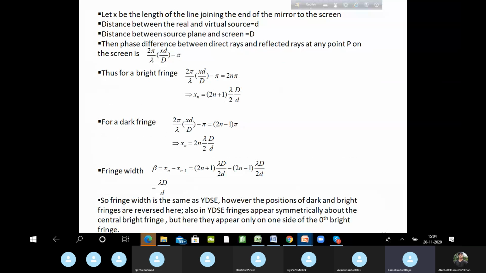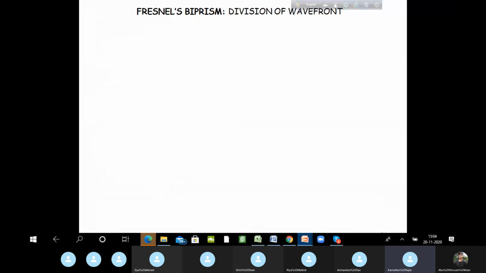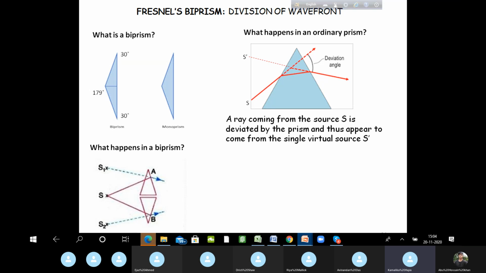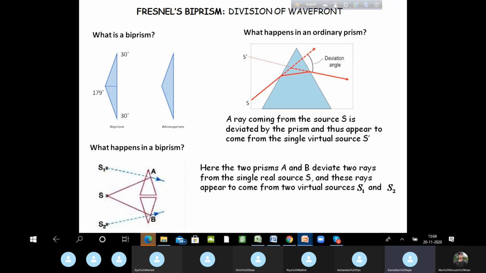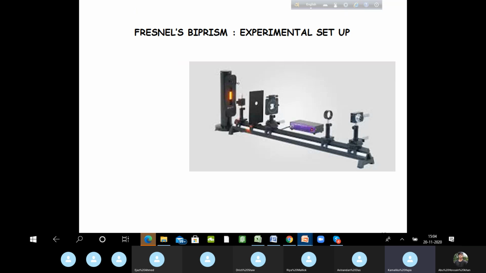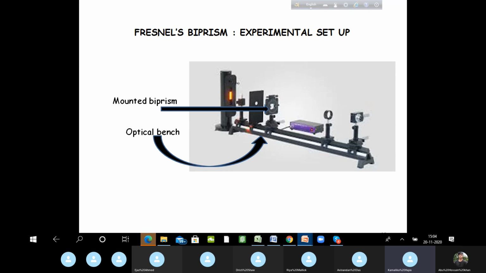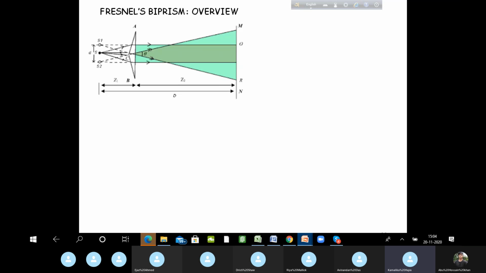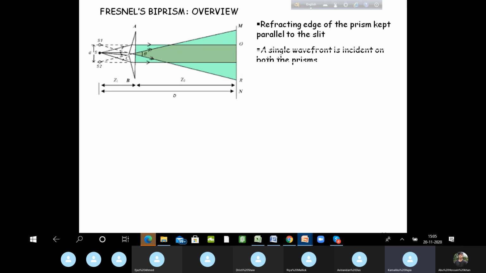Okay, this is an explanation of Lloyd's single mirror. And then there's Fresnel biprism. What is a biprism? I have written what a biprism is, and what happens in a biprism. Setup: optical bench, single source, eyepiece, and the diffracting edge is kept parallel to the slit.